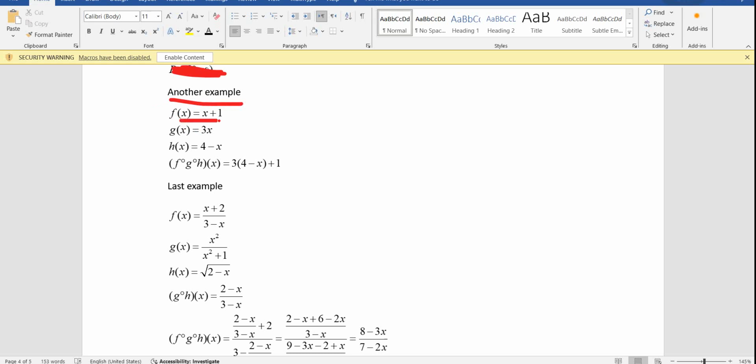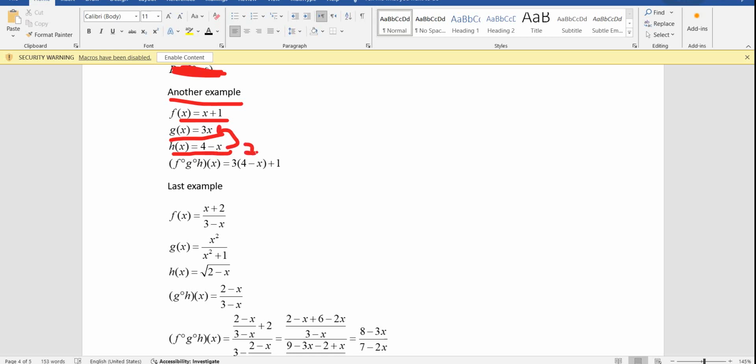f of x equals x plus 1, g of x equals 3x, and h of x equals 4 minus x. So if f is composited with g composited with h, we need to take this and substitute here in this x.